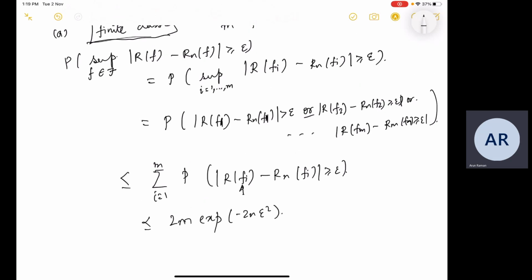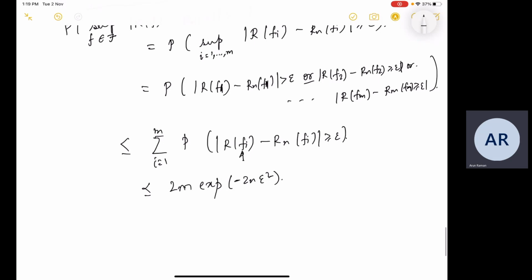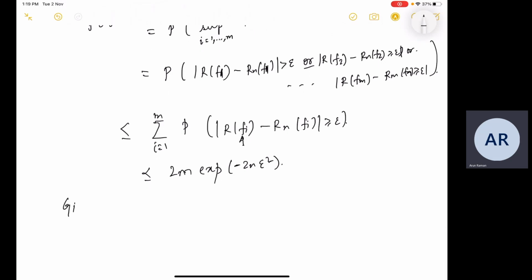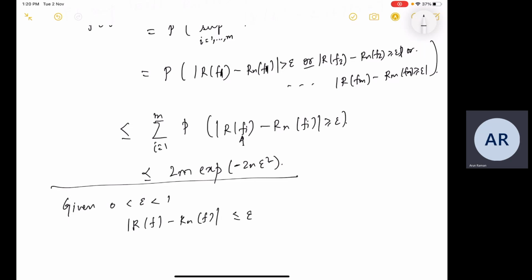Okay, so for a finite function class, what it basically means is that given an epsilon that lies between 0 and 1, the empirical risk is epsilon close to the true risk with probability 1 minus 2m e raised to the power minus 2n epsilon square.